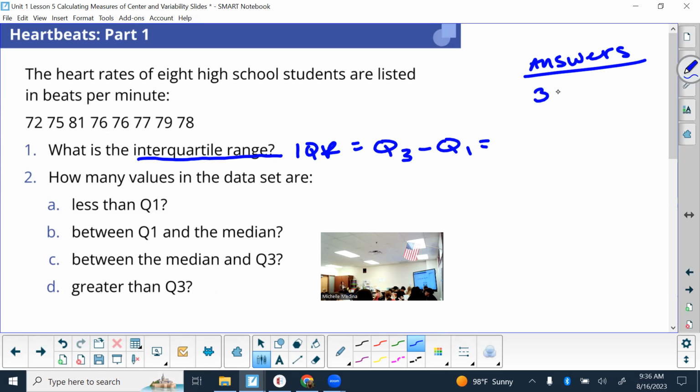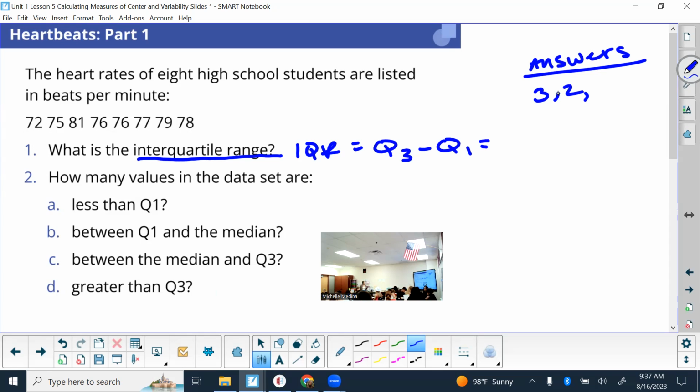Does any table get something different than 3? I think in a previous class we got at least 4 different answers. Some decimals, yes. Any other answers out there? Okay, so there can only be one right answer for IQR.